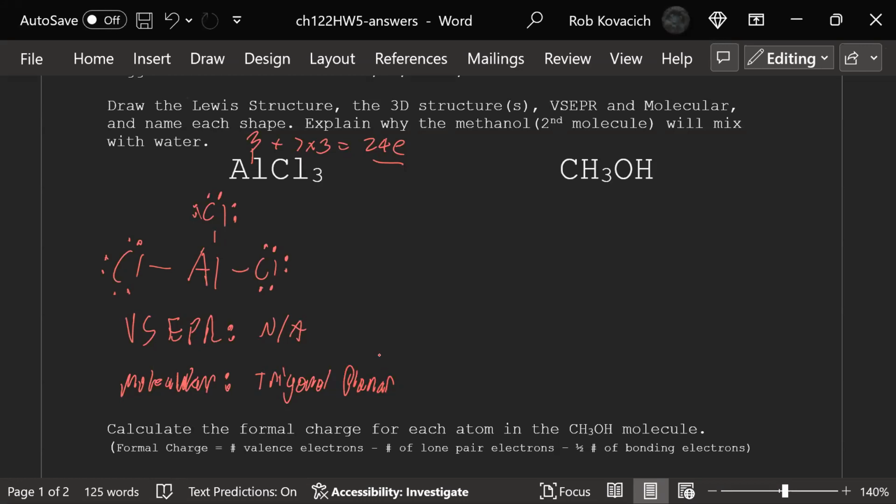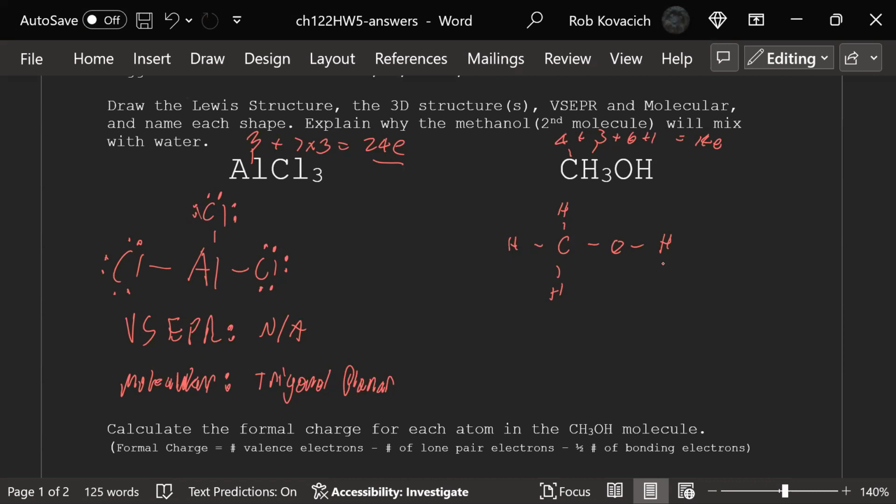All right, so this one's a little tricky because there are 2 central structures. So I've got 4 plus 3 plus 6 plus 1. So we've got 14 electrons here to deal with. I'm going to put a carbon here. And I gave you the condensed structural formula, so that would help you figure out how to connect these guys up. All right, so I have used 2, 4, 6, 8 of my 14 electrons.